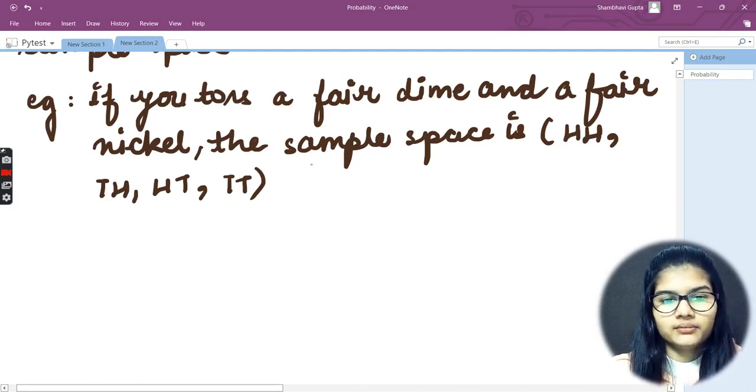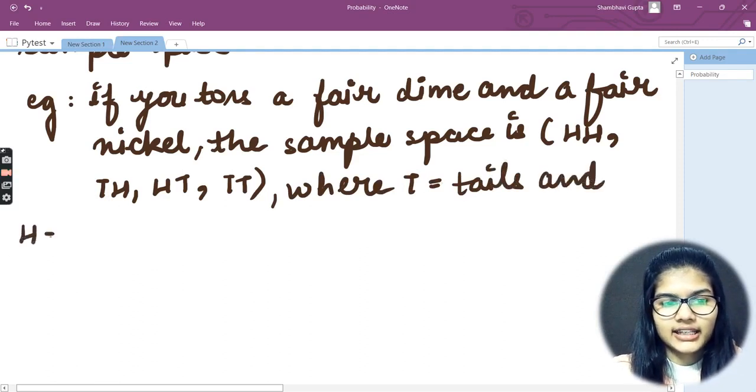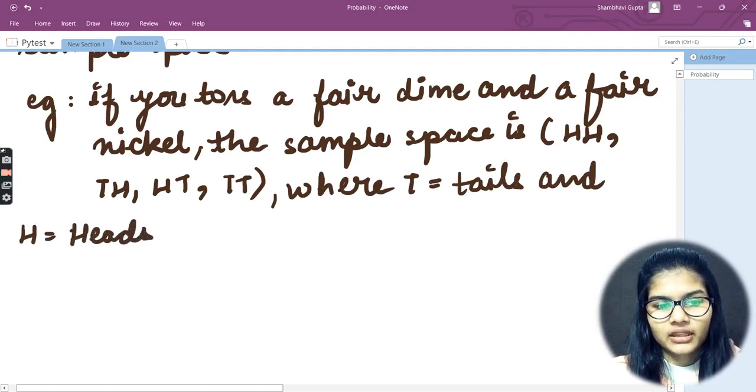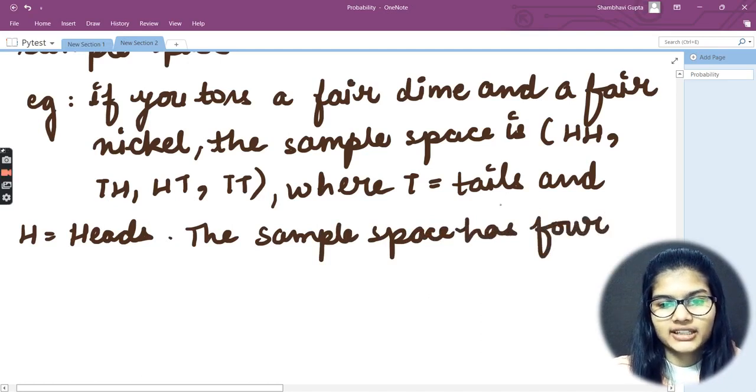Here, T is equal to tails and H is equal to heads. So the sample space has 4 outcomes.